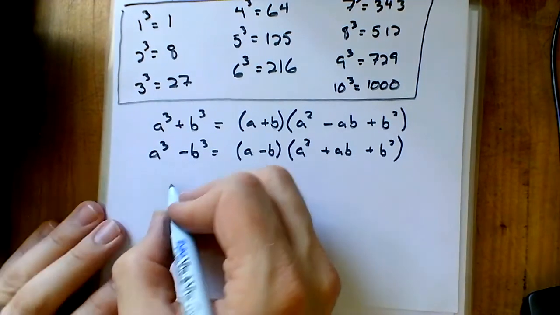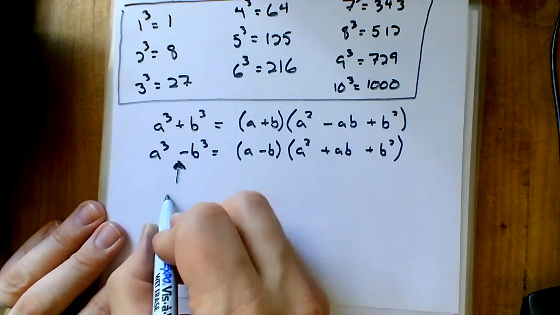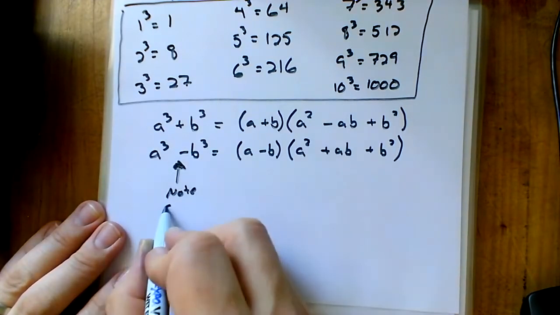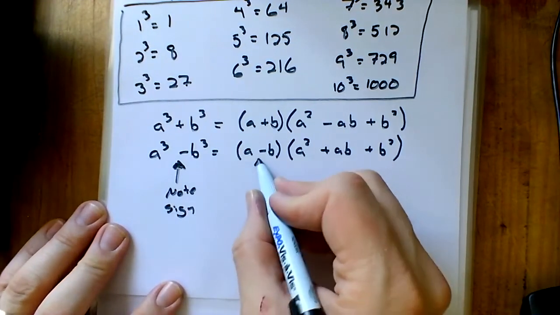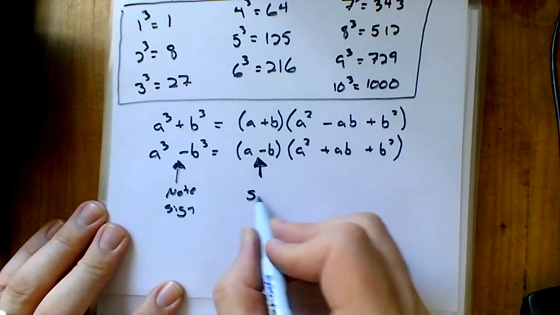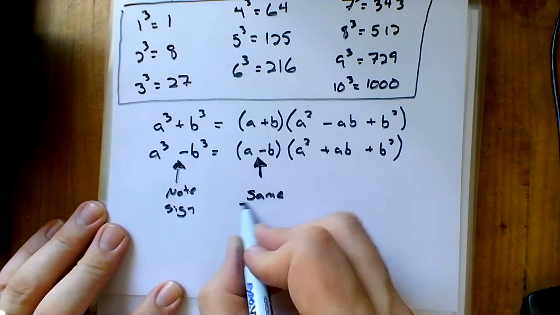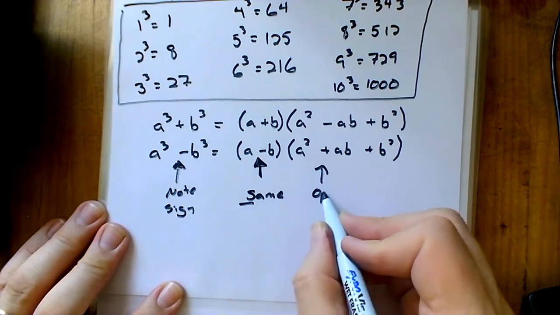Also, one of the things that you should do is note the sign here. Notice that whatever is happening in here, this is the same sign. This one is the opposite sign.